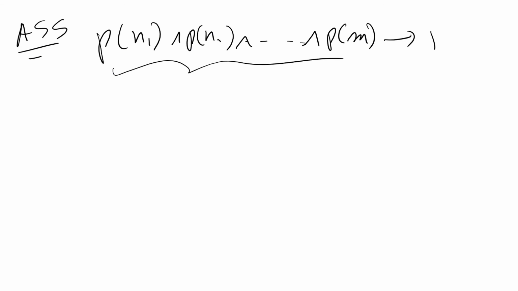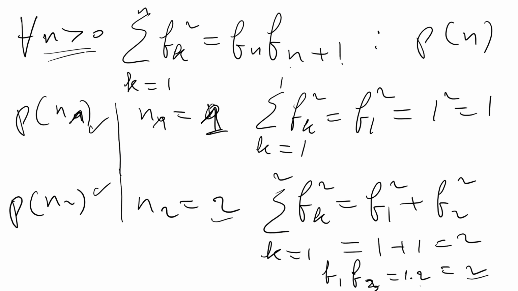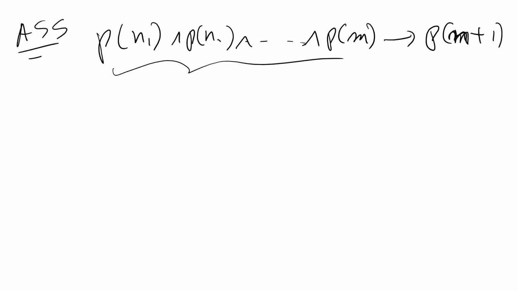This implies we want to prove that p of m plus 1 is true. So we want to prove that. Now we went up to this level. This was the base case basically, and for this step we assume this to be true. We want to prove this is true, right?